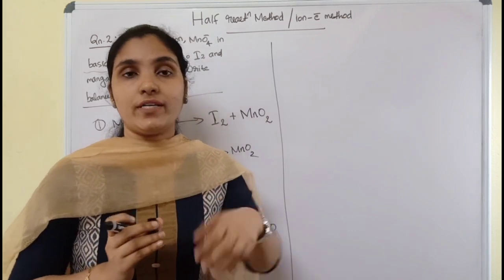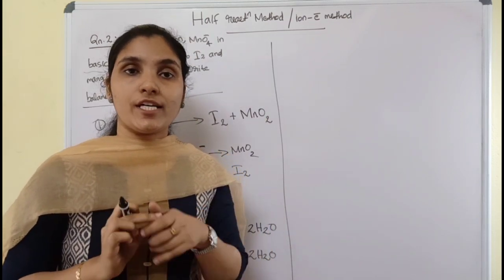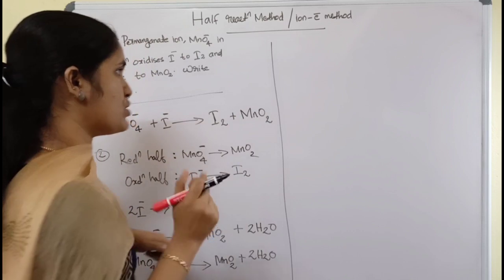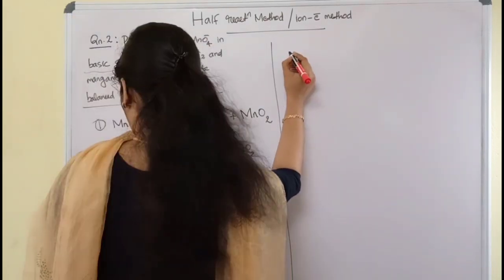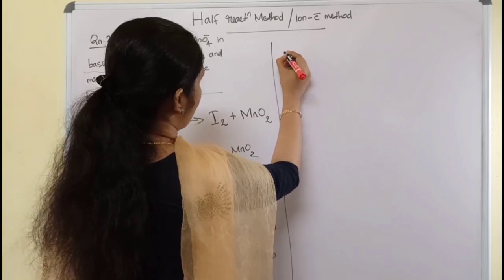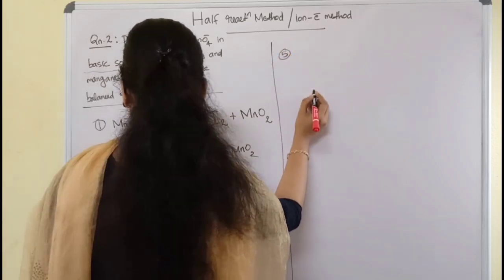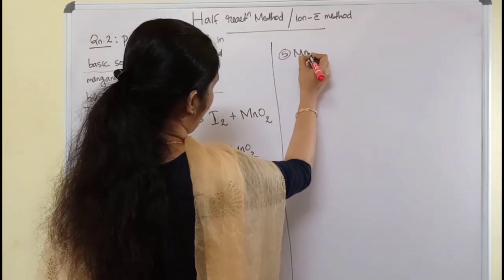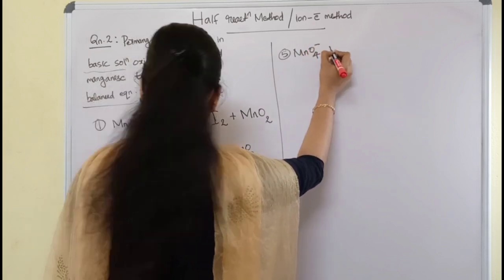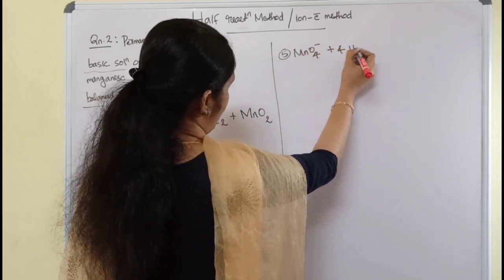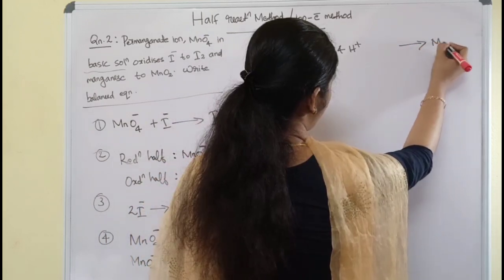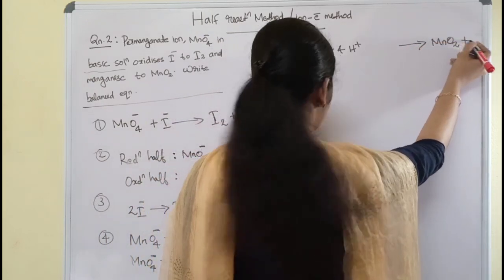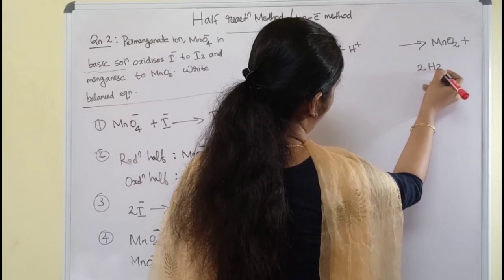Now the next step, that is we have to indicate the reaction takes place in the basic medium. So how much OH minus we will add, that is the confusion. So this is the fourth step itself, or if we need we can write step number 5. So MnO4 minus plus 4H plus gives MnO2 plus 2H2O.